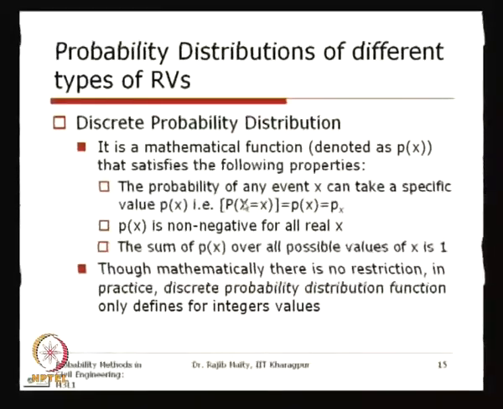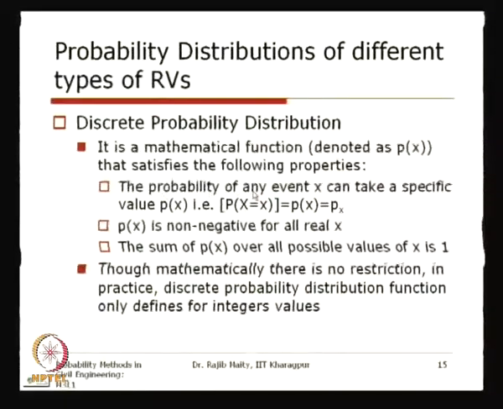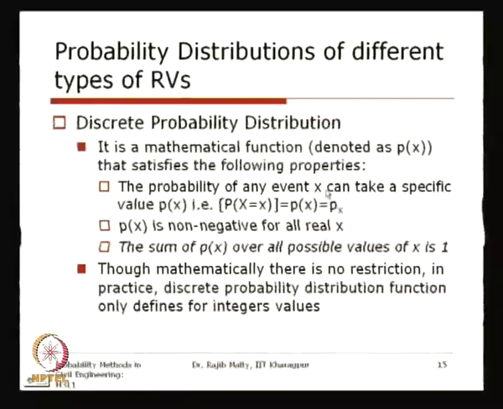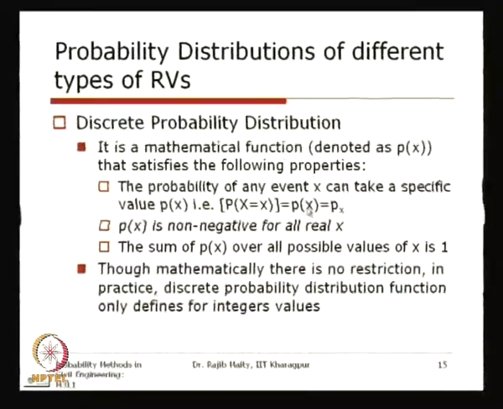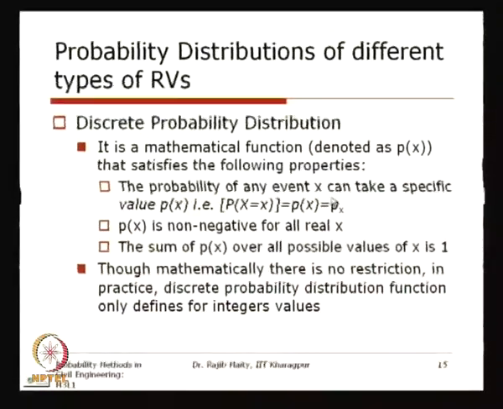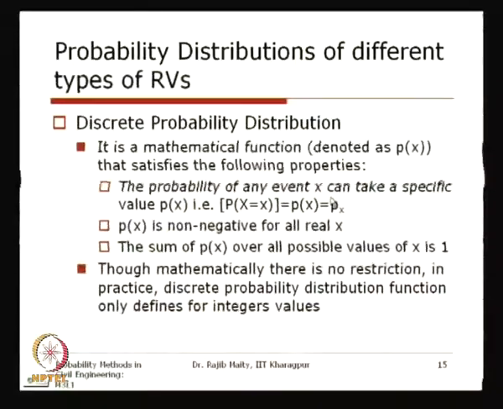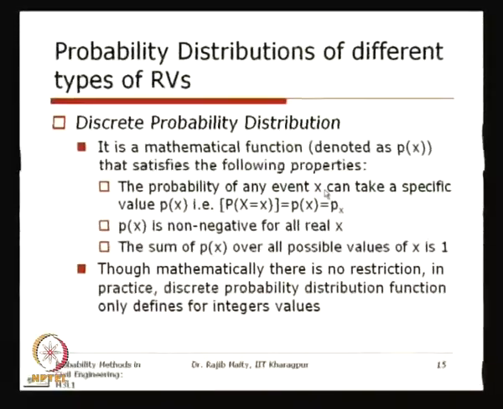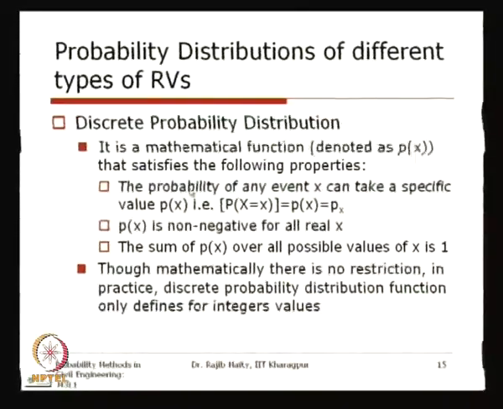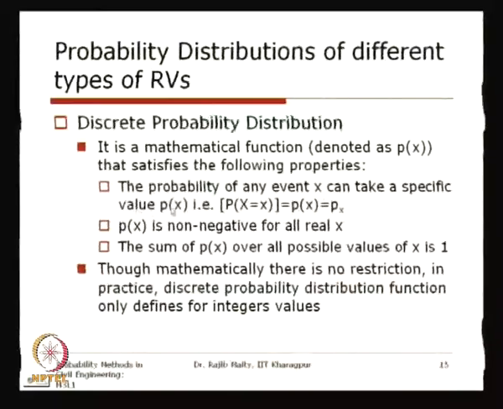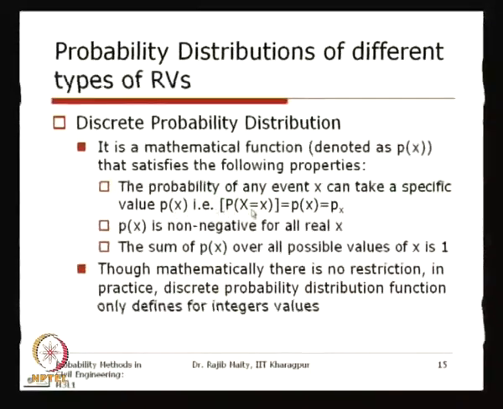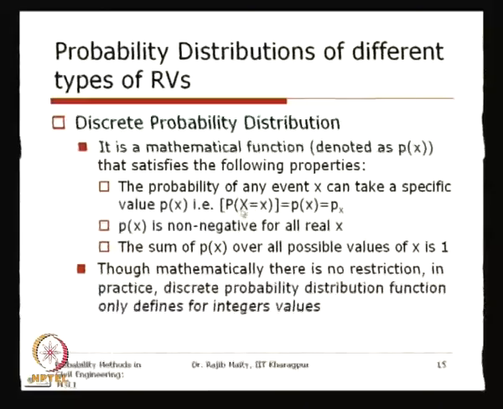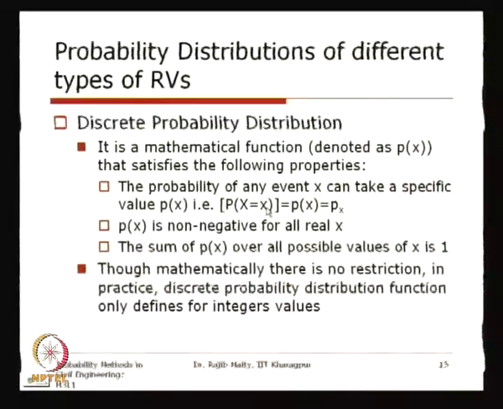The first one is the probability of any particular event x. Because it is discrete, it can take any specific value, meaning those specific values which are there in the feasible sample space. That is denoted by p_X(x), which is nothing but the probability of the random variable taking the specific value x.